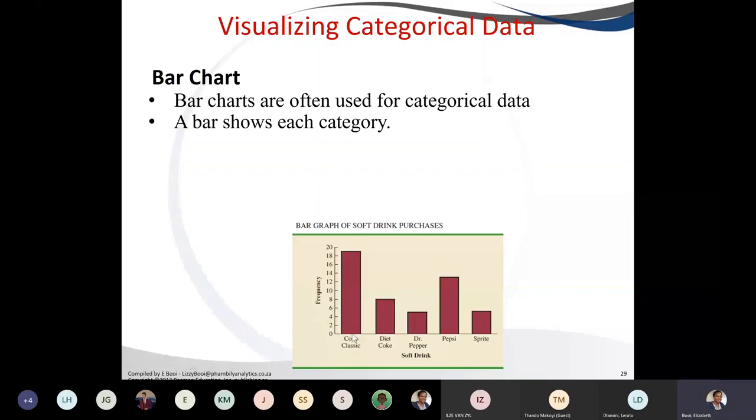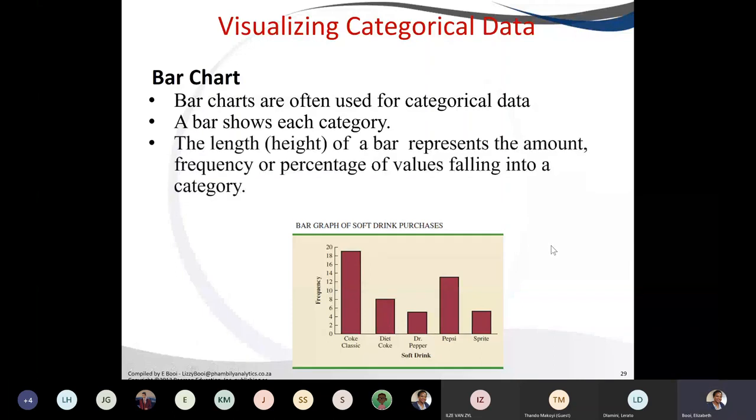That is the basic you need to know about visualizing categorical data. The other property you need to know is that the bar chart has spaces in between, because the bars will never touch.